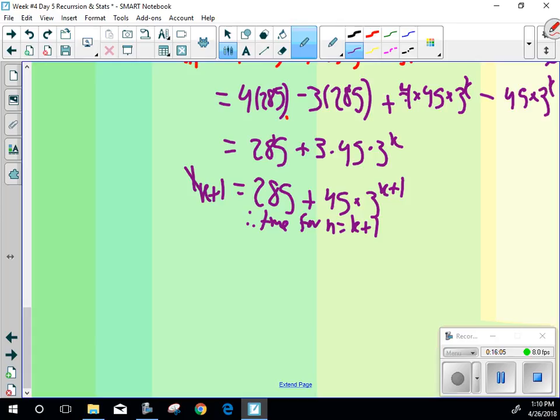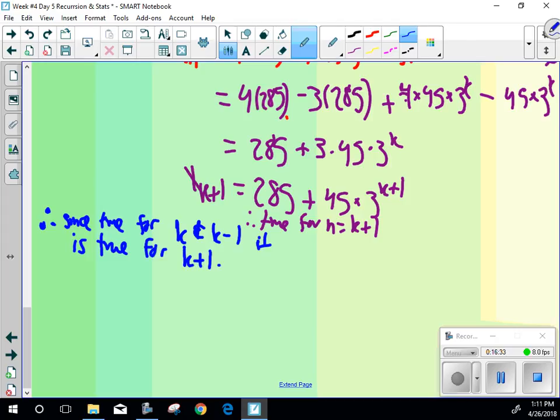Now, because of this, we can write our final statement. Therefore, I'm going to use their words here. Since true for k and k minus 1, it is true for k plus 1.